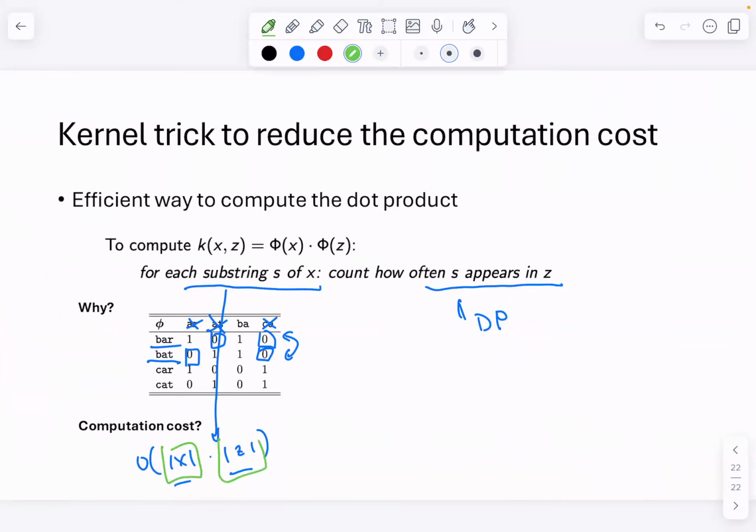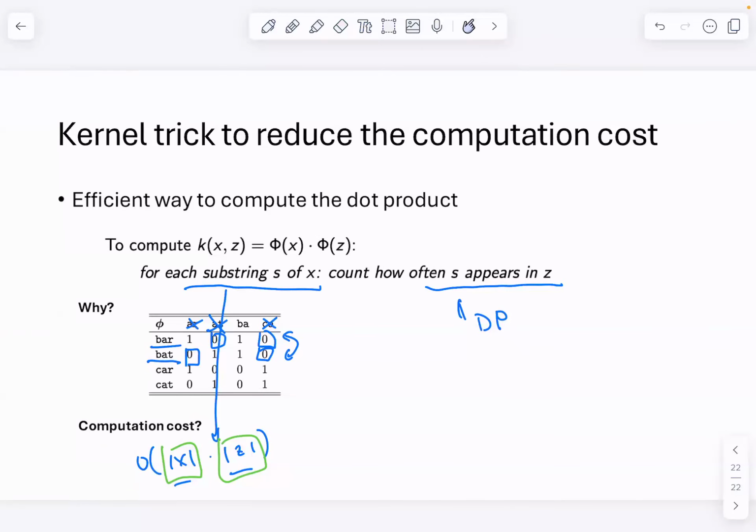This is more manageable, because imagine the longest English word in our dictionary is probably about 20. But there won't be as many letters in a word as substrings in the whole dictionary. So this is how we can reduce computation cost by using the kernel trick for this string kernel example. Okay, that concludes this discussion, and thank you for listening.